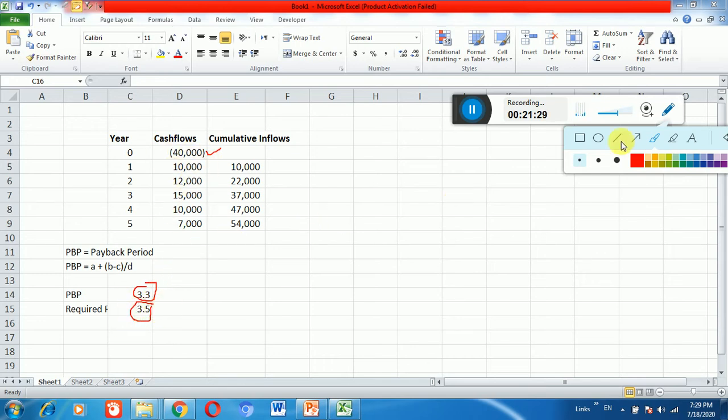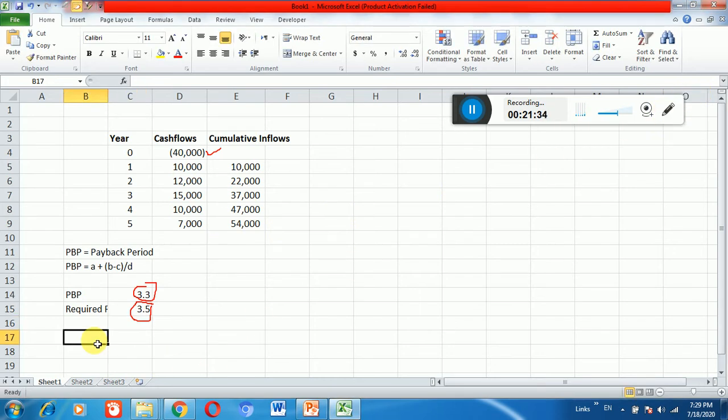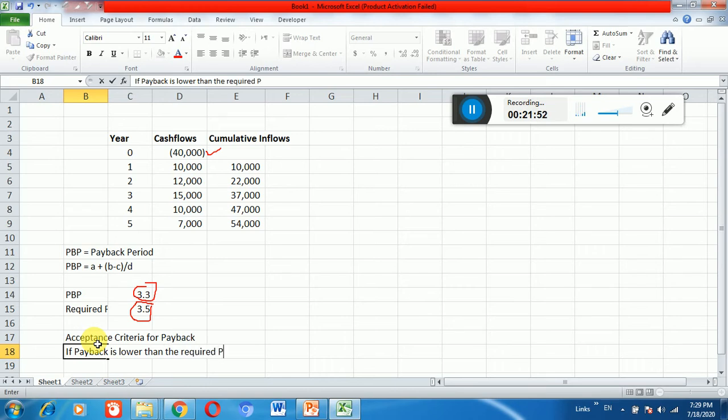Okay, so dear students, what is the acceptance criteria here for the payback? Acceptance criteria for payback: if payback is lower than the required payback, then the project should be accepted, right?